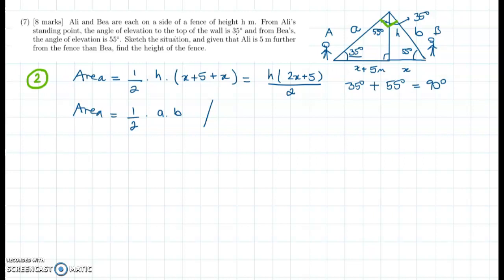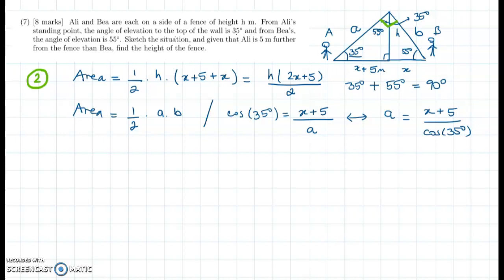For instance, on Alice's side, we could say that the cosine of 35 degrees is equal to the side adjacent to 35, so x plus 5 divided by the hypotenuse, which is A. So that means that we can write our side A as x plus 5 divided by the cosine of 35 degrees. So we do not need to introduce a new unknown A, because we can write it in terms of x and the cosine of 35.